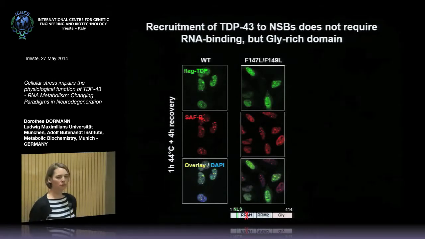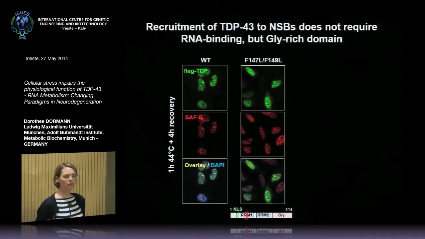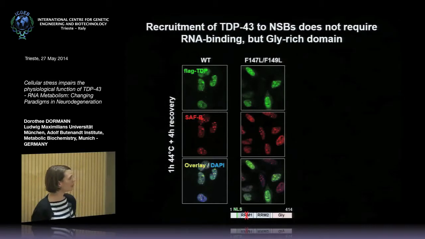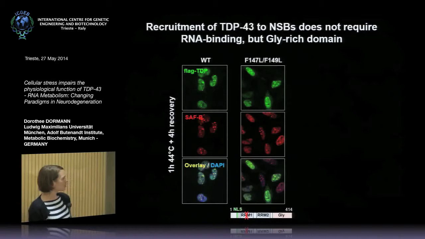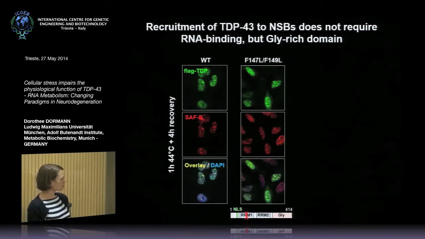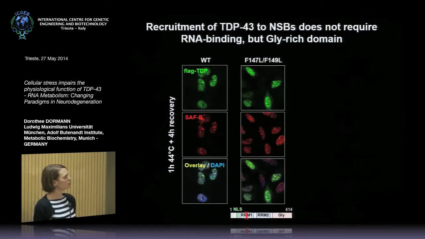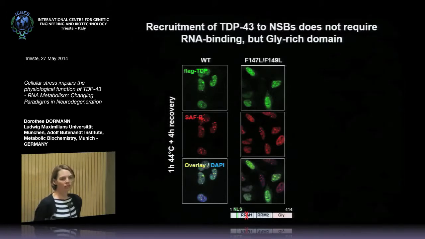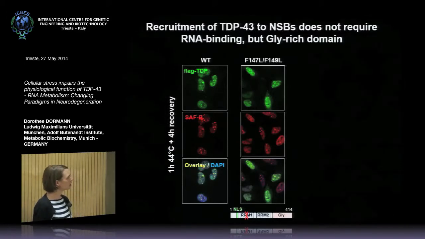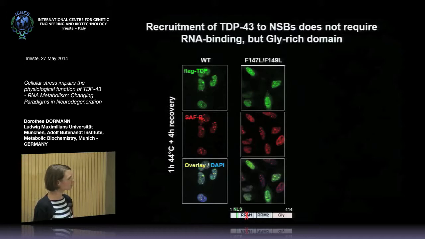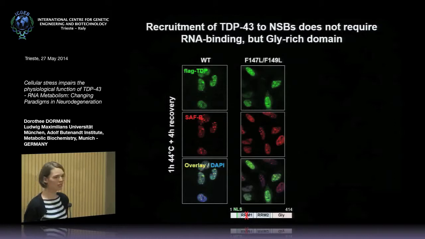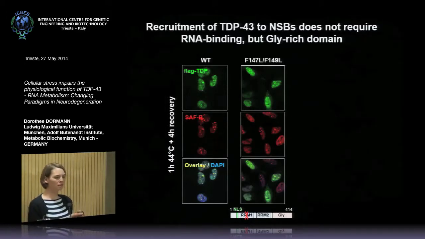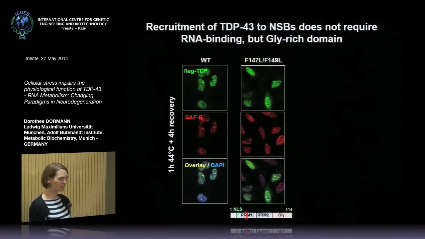As you probably know, this mutant fails to bind to RNA, but what we could see is that at the 4-hour post-stress time point, this RNA binding deficient mutant still is perfectly normally recruited into nuclear stress bodies, as shown here. So the recruitment of TDP-43 into these nuclear stress bodies does not require RNA binding, so presumably it does not bind directly to these satellite 3 RNAs.